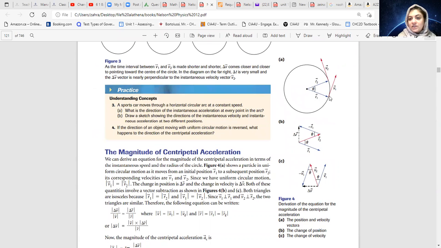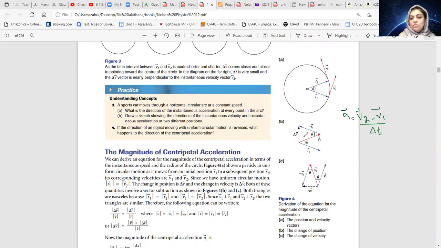We can prove that here. If you look at the velocity v1 at this point, and v2 is the velocity at a later point. For acceleration, we need to find v2 minus v1, right? v2 minus v1, and we divide by delta t. These are vectors, right?